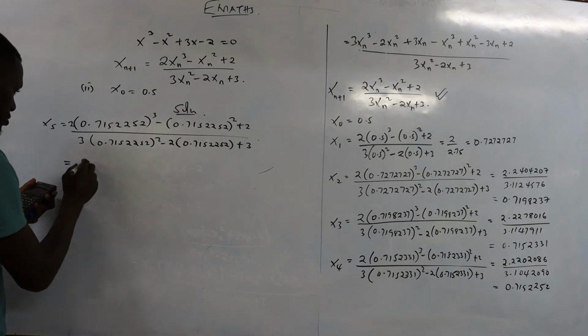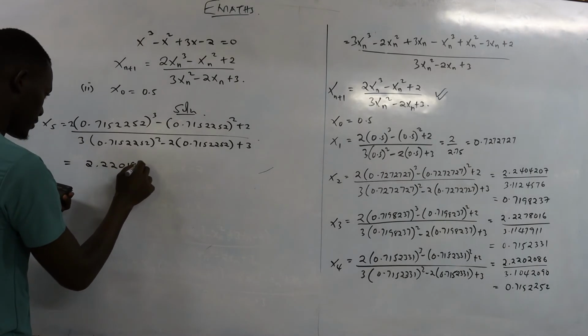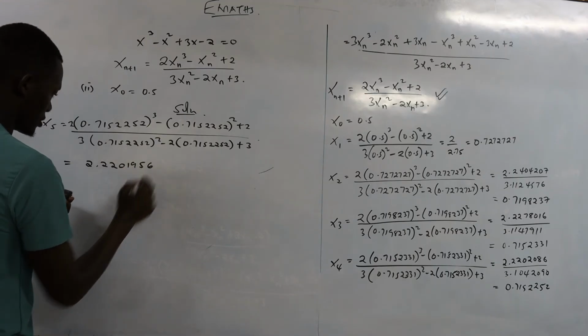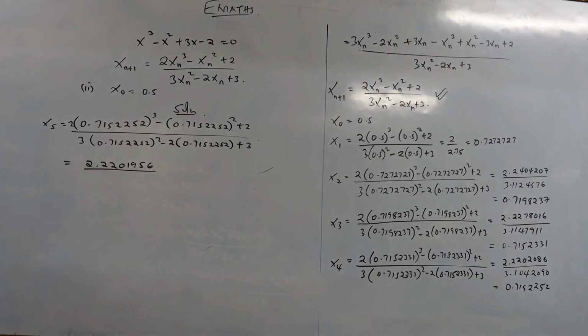That one gives us 2.2201956. Okay, then all over 3 into bracket 0.7152252 squared minus 2 times 0.7152252 into bracket, then plus 3.